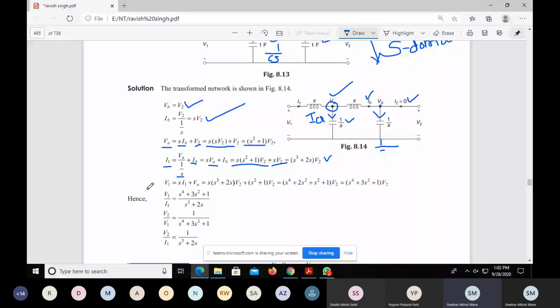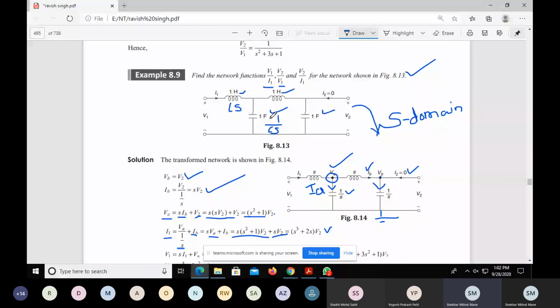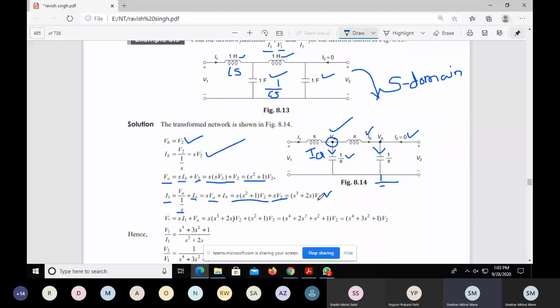Now, what is your target? You want V2 upon V1, you want V2 upon I1, and you want V1 upon I1. So if you see, you get V2 upon I1 here. You can see this is I1 and this is V2, so from this equation you will get the V2 upon I1 that is required.